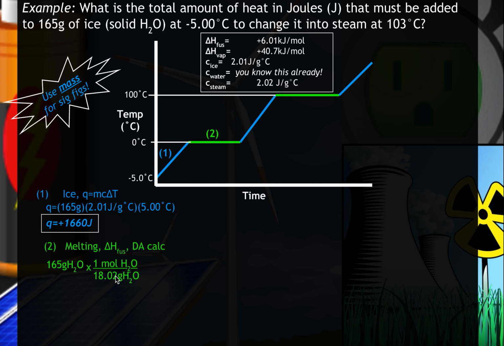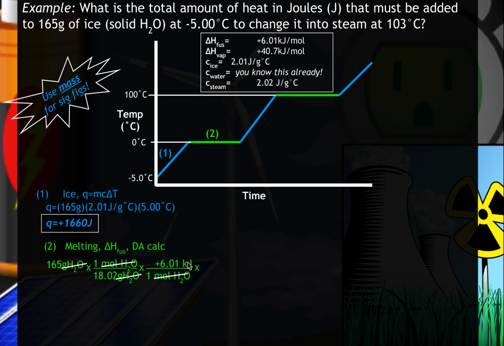So there's my conversion factor, 18.02 grams of water in 1 mole of water. Make sure my units cancel out. Now 1 mole of water, my conversion factor is 6.01 kilojoules per mole. So that's expressed right there.